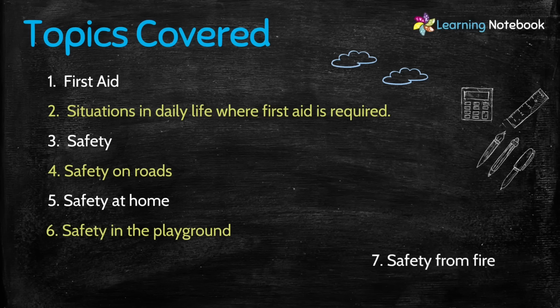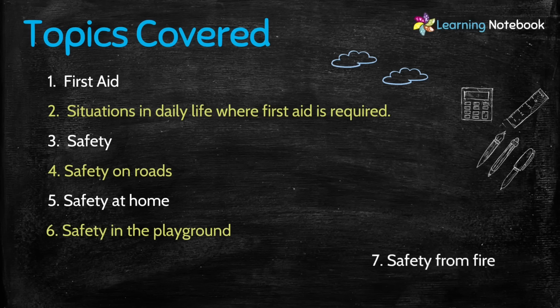So let's start and first understand about first aid. Students, look at these two pictures. These show accidents which can occur anywhere and any time. For example, in the first picture, the boy has slipped over a banana peel.